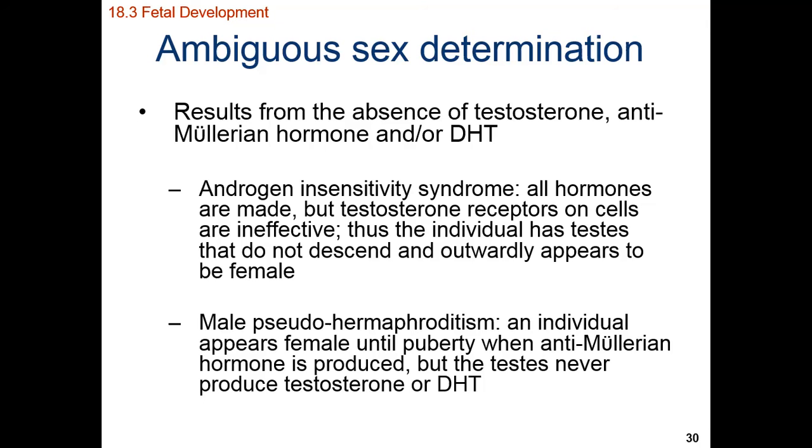And then the tissues are not going to be funneled down the developmental pathway, and by default will go back towards the female pathway. And that person develops with female external genitalia and with very classic female characteristics, but has immature testicles inside of their abdominal pelvic cavity.